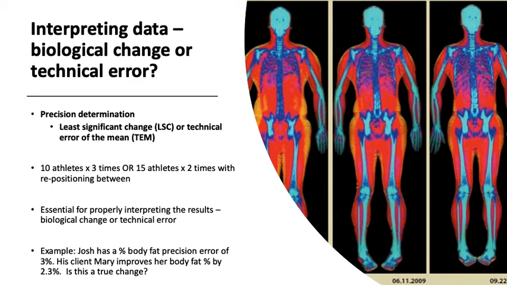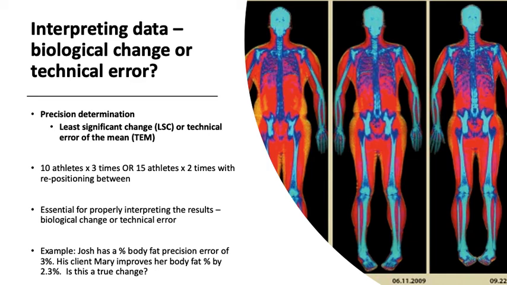So when you're interpreting data from one week to the next, and the difference is less than 2%, and my technical error is 2%, I could say that that is not a biological change. If their result is less than 2%, that's an indication of technical error. Okay?